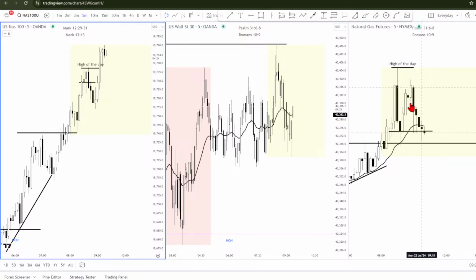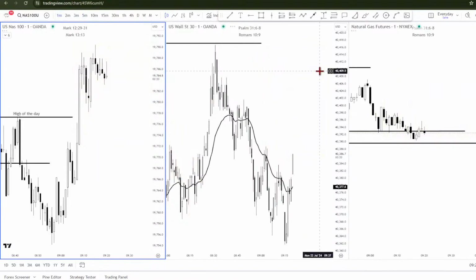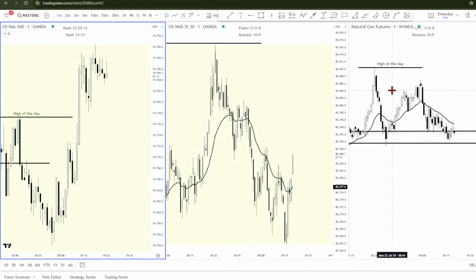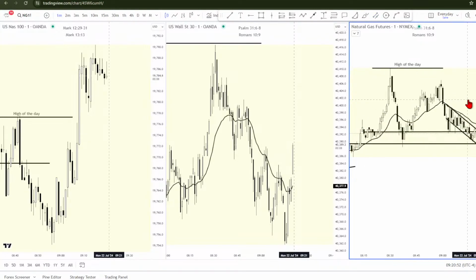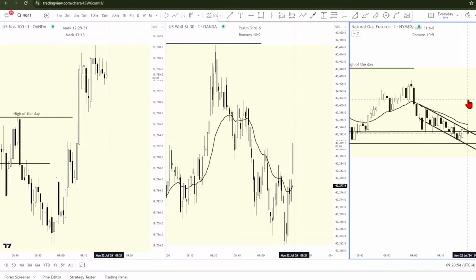Getting a bit of a channel forming now on natural gas. I know how to trade channels, so I can wait and see. There we go. And we do have trapping behavior. This breakout fake out bar was the first attempt to go back up.